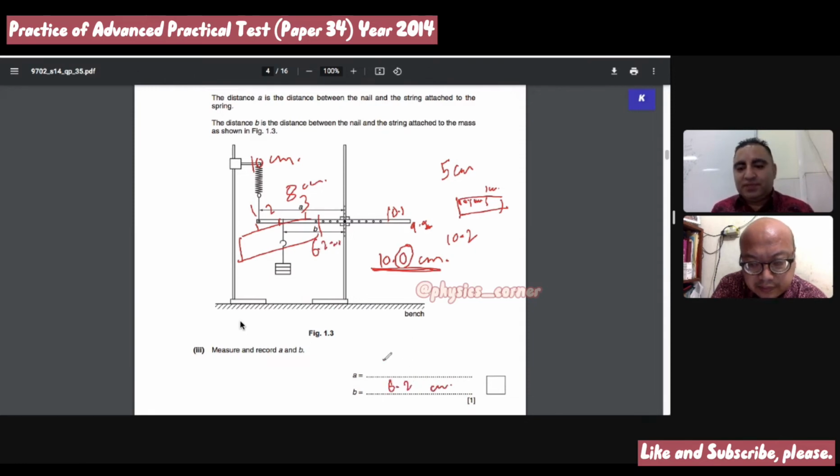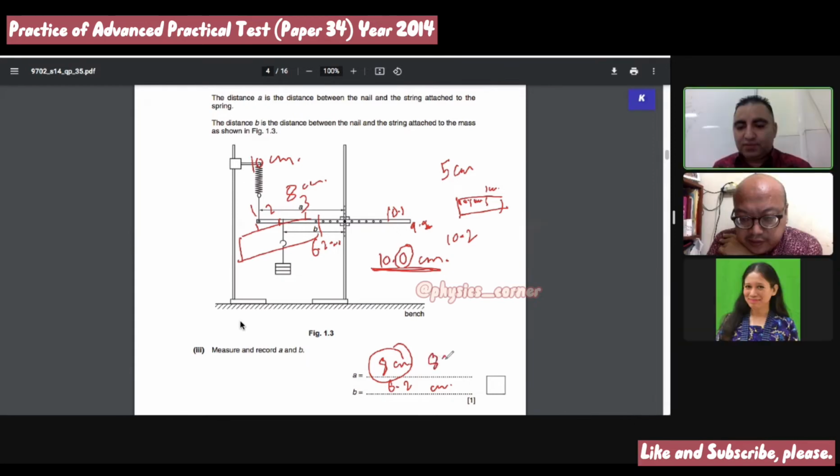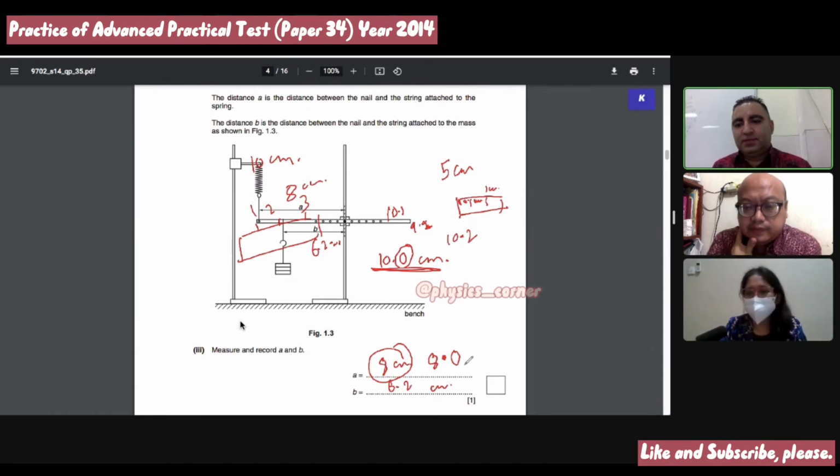But students sometimes, in a hurry, will just write 8 centimeter. In this case, they will lose the mark. They have to show the millimeter, so 8.0. They must be very careful with this kind of readings, especially in the practicals.